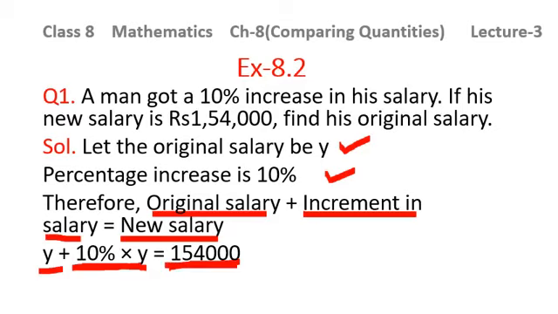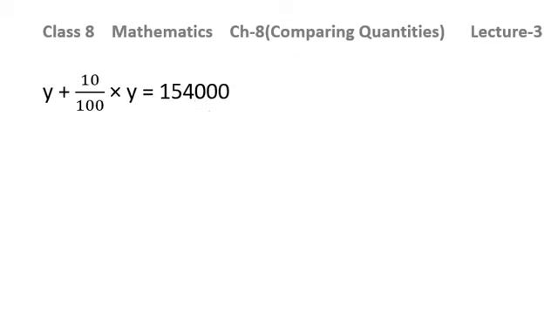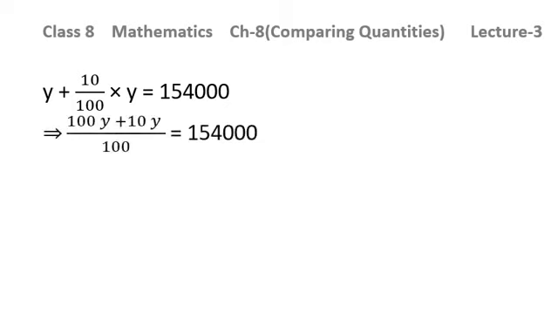This is the equation. Now Y plus 10 over 100 into Y will be equal to 1,54,000. Taking the LCM here, that will be 100Y plus 10Y, equal to 1,54,000. Here it will be 110 over 100 Y is equal to 1,54,000.